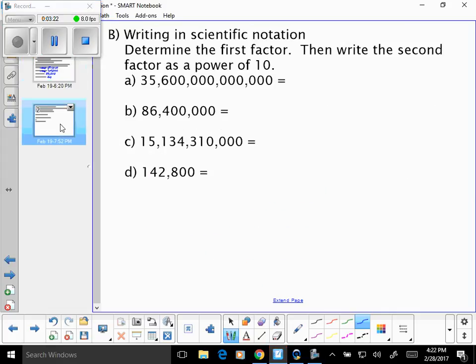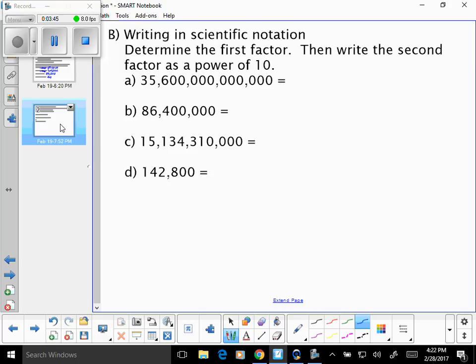What about writing in scientific notation? The first thing we have to do is determine our first factor. Now remember that we want to have one number to the left of the decimal point, and then we are going to write that second factor as a power of 10.